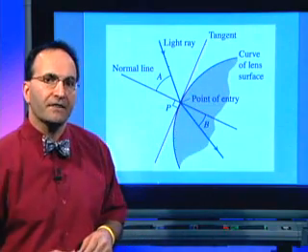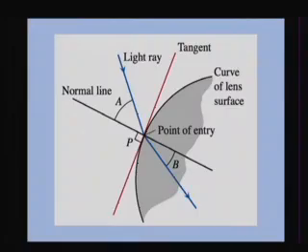If we take a look at this figure, you can see that we've drawn our tangent line. We're looking at this point as the point of entry. We have our tangent line, which of course is tangent to that point, but then our normal line is perpendicular. You can see it right here.